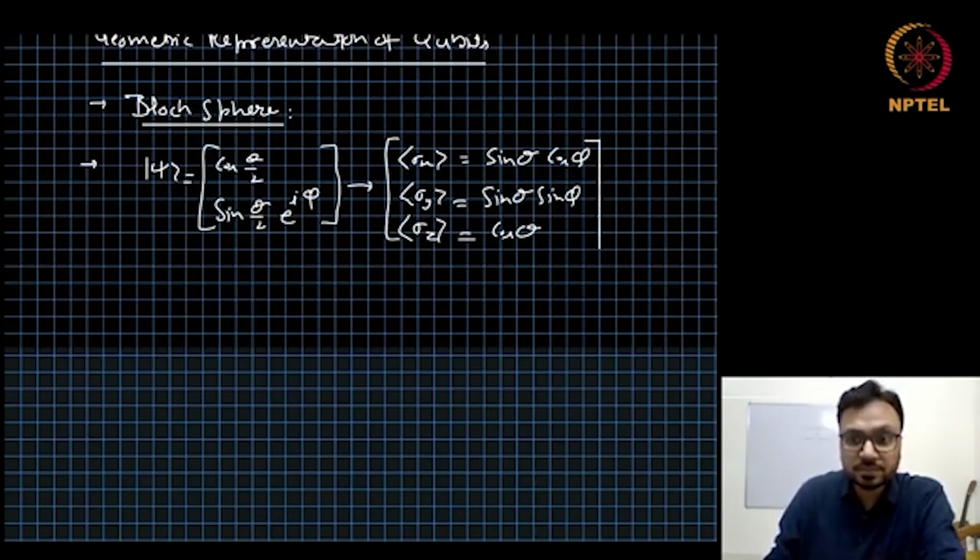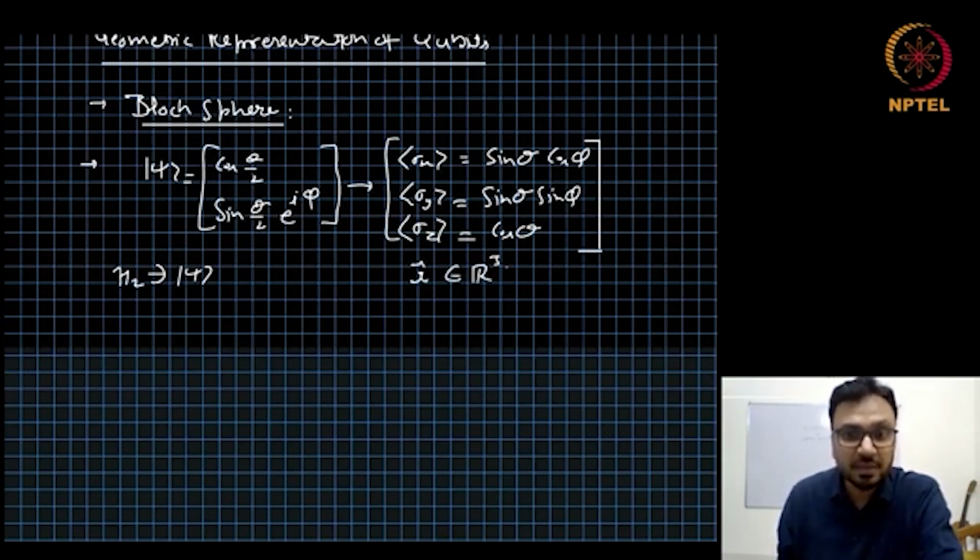So this vector psi, which belongs to the two-dimensional complex Hilbert space, and this vector of expectation values, let's call it R vector, that belongs to R3, they represent the same information about a quantum system.